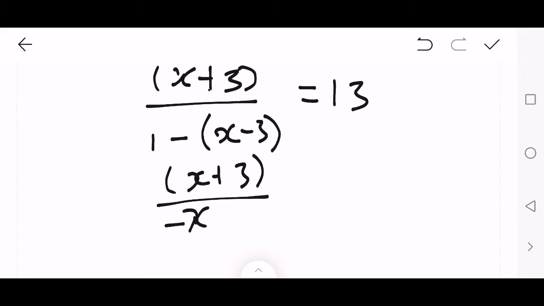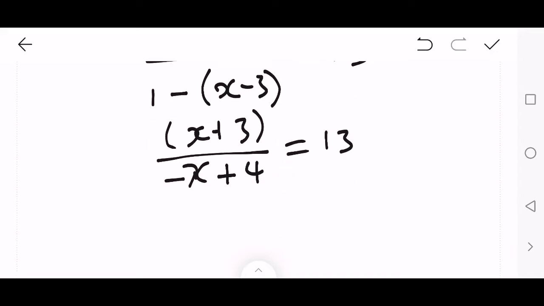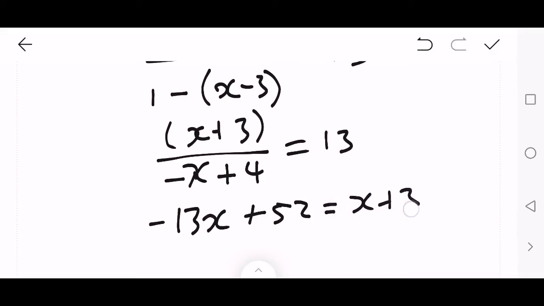So minus times minus 3, that's positive 3, so that's going to be plus 4 equals 13. So now we can go ahead and cross multiply. So we have minus x times 13, that's minus 13x. We have 4 times 13, that will be plus 52 equals x plus 3.